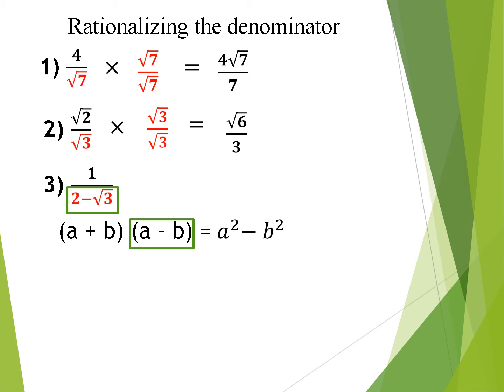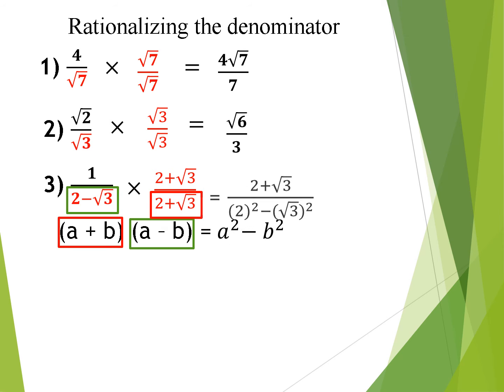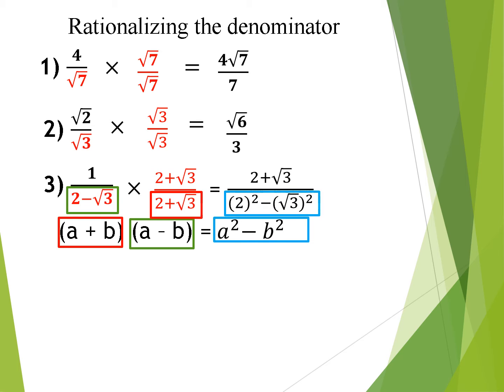So if I multiply with a plus b, that is, if I multiply with 2 plus root 3 in numerator and denominator, so a plus b is actually 2 plus root 3, which will give us 2 plus root 3 upon a square minus b square, that is 2 square minus root 3 square.